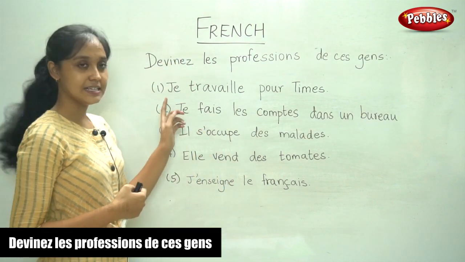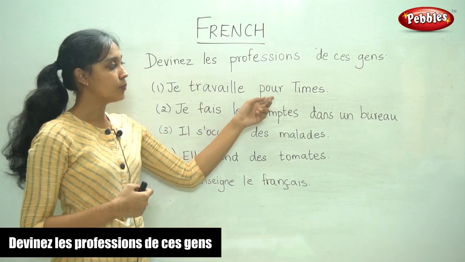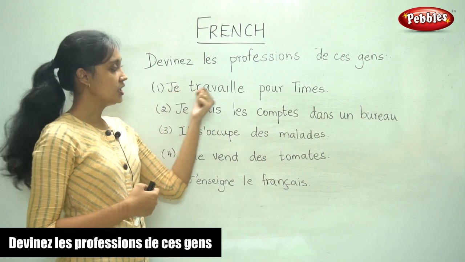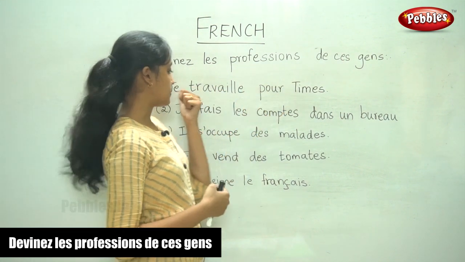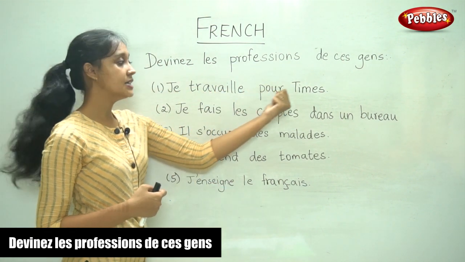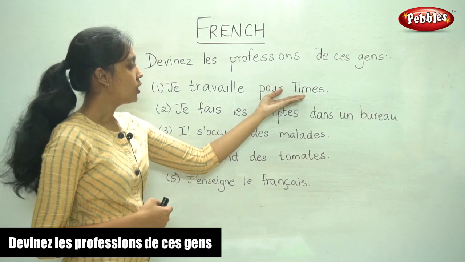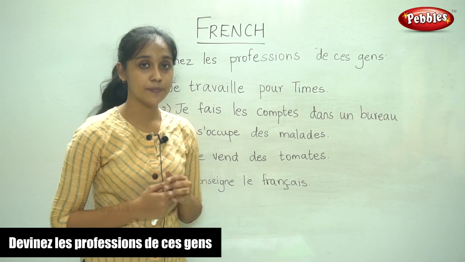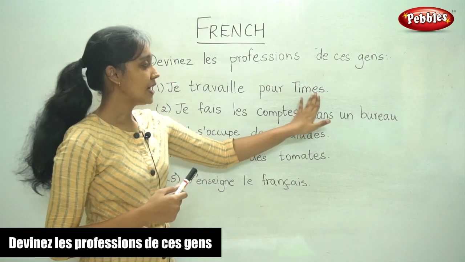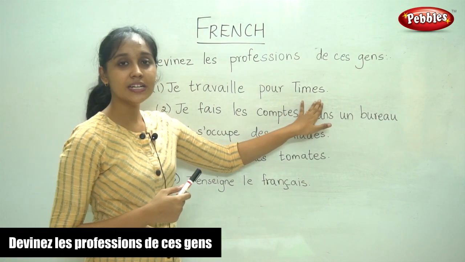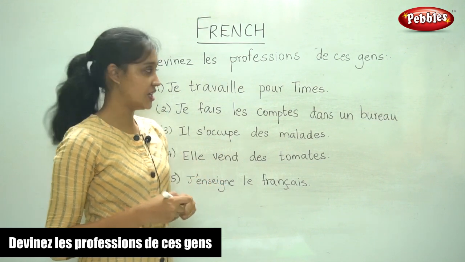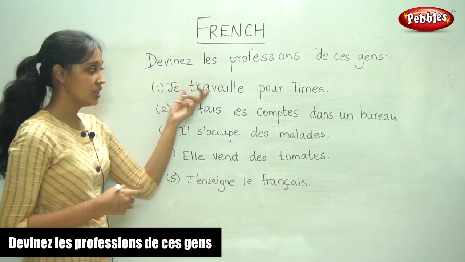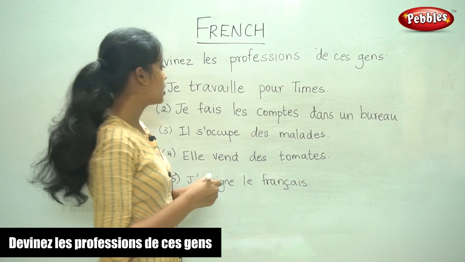So the first sentence, je travaille pour Times. I work for Times. So this person works for Times. So what is their job? We all know that Times, if you work in Times, you are a journalist. So je travaille pour Times.